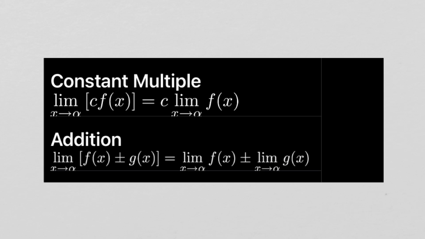The limit with a constant multiple is just the limit of the function times the constant. For the limit of a sum of two functions, I could take the limit of both functions and add them together.